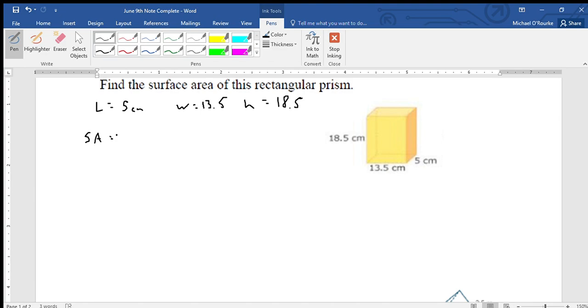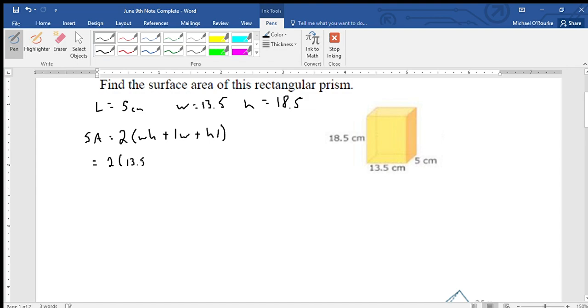So in this case, for a rectangle, my formula is 2 times width times height plus length times width plus the height times the length, okay? And then all we're doing is plugging our numbers in. So 2 times, what's our width?